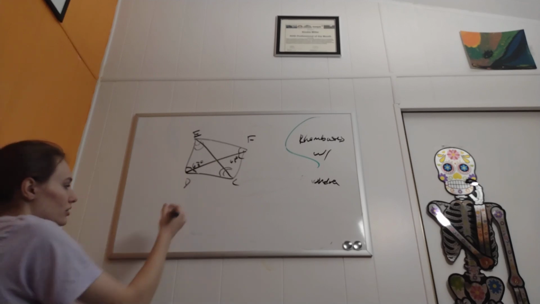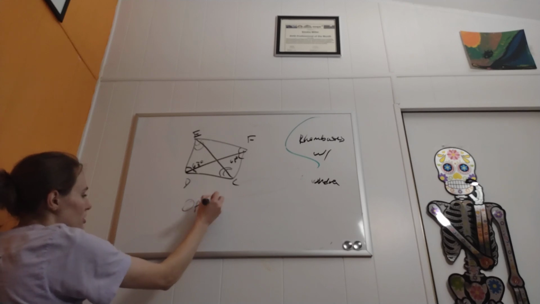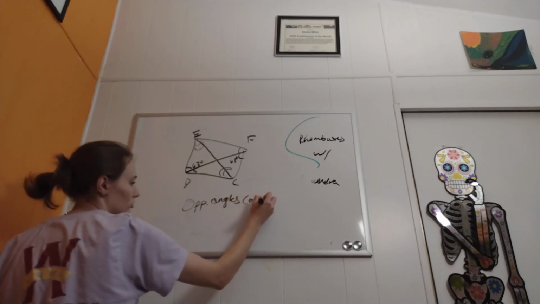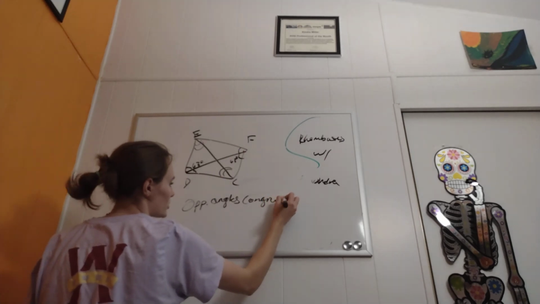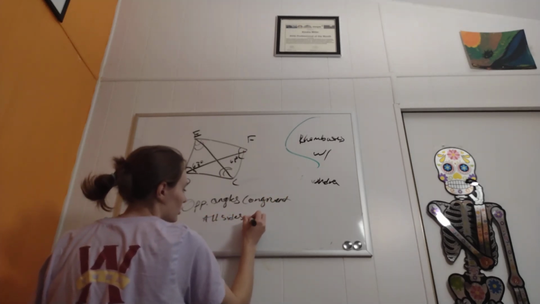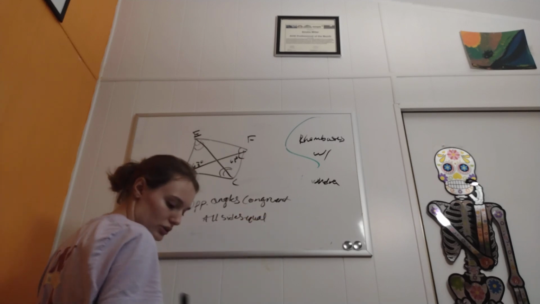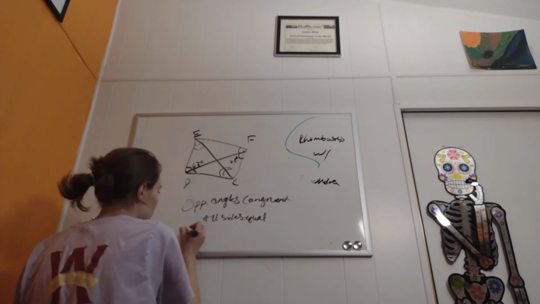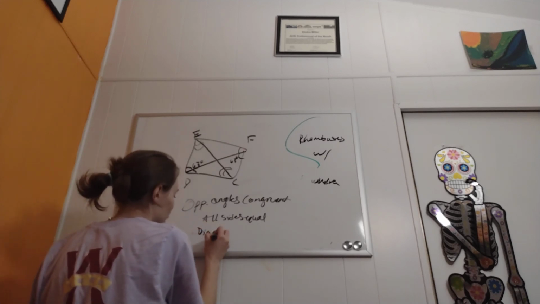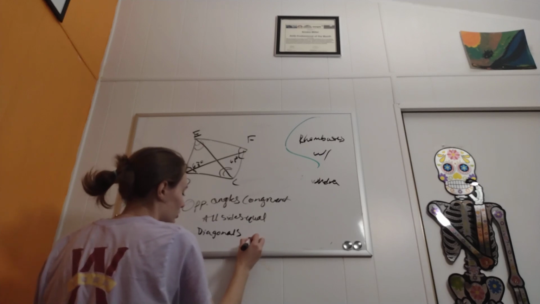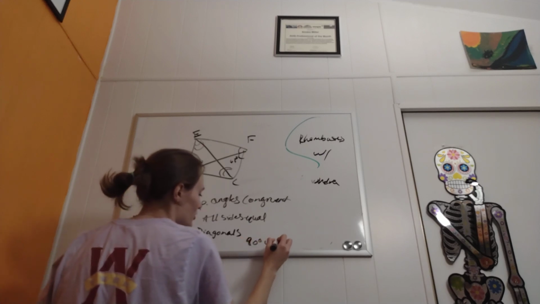So once again: opposite angles congruent, all sides equal, and last but not least, the diagonals. I'm just going to write diagonals. We'll also say 90-degree angle with intersection.